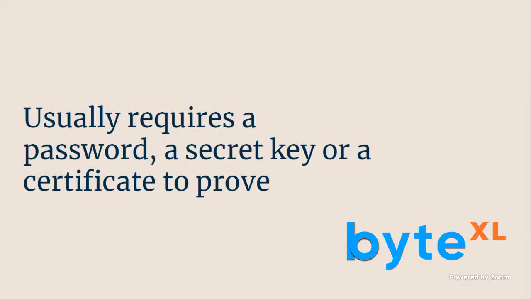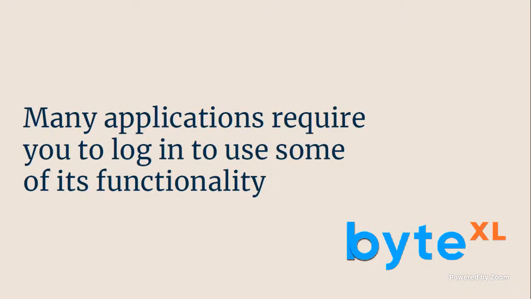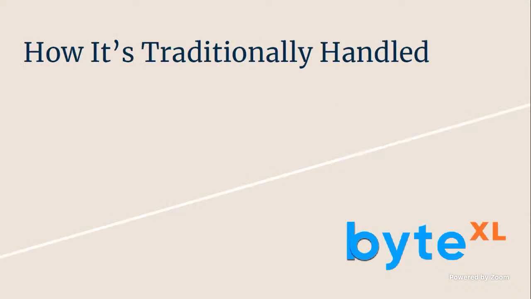During identification, it's not that just the username alone identifies you. You need a password, or a secret key, or a certificate to identify yourself. Many applications require you to log in to use some of their functionality. In such cases, you go with the traditional way.